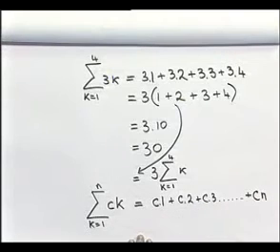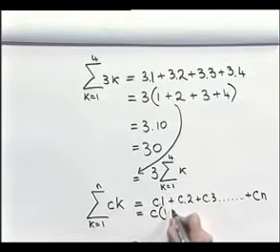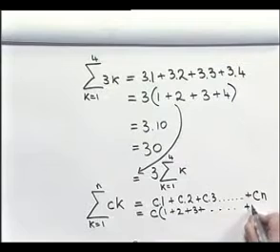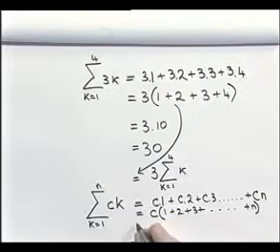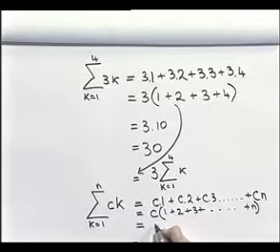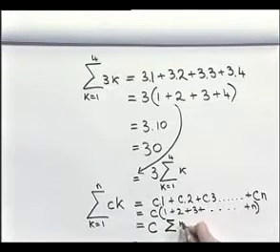We've got n terms here. We can factorise by the c, and we get 1 plus 2 plus 3 plus up to n. And then we can rewrite this using sigma notation. That is c sigma of k from k equals 1 to n. And as I say, quite straightforward.